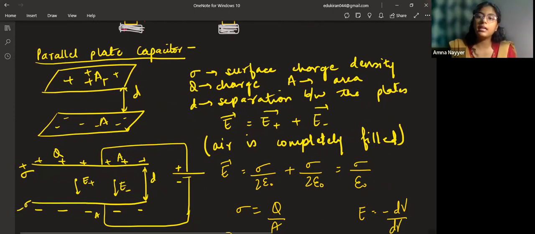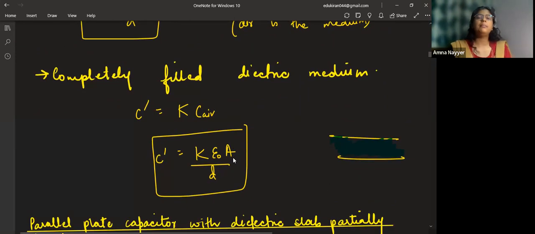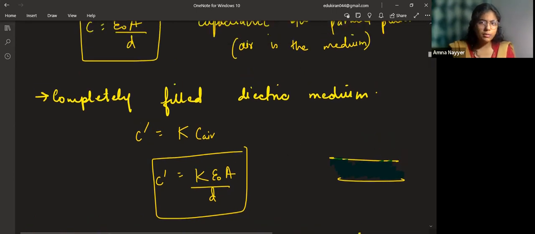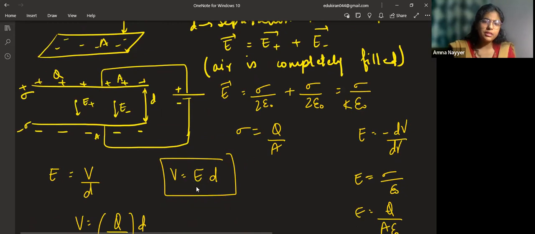Suppose in your exam a question comes: completely derive the expression for capacitance of a parallel plate capacitor with completely filled dielectric medium K. Then do this entire derivation, or, one more thing you can do, directly keep adding K everywhere.